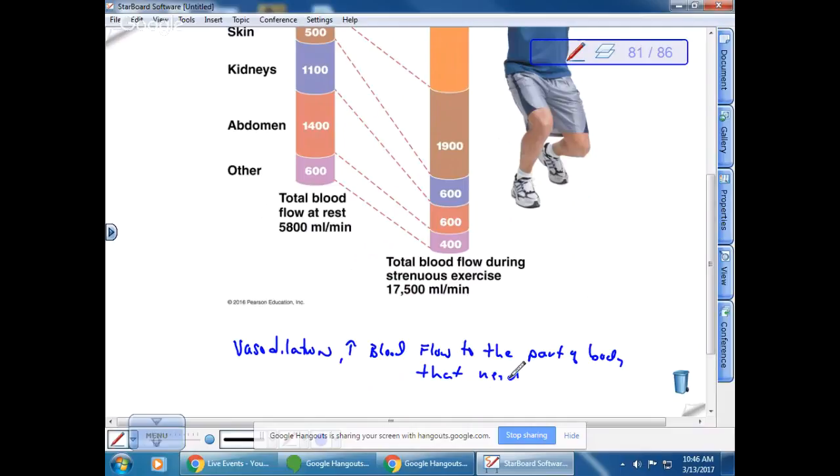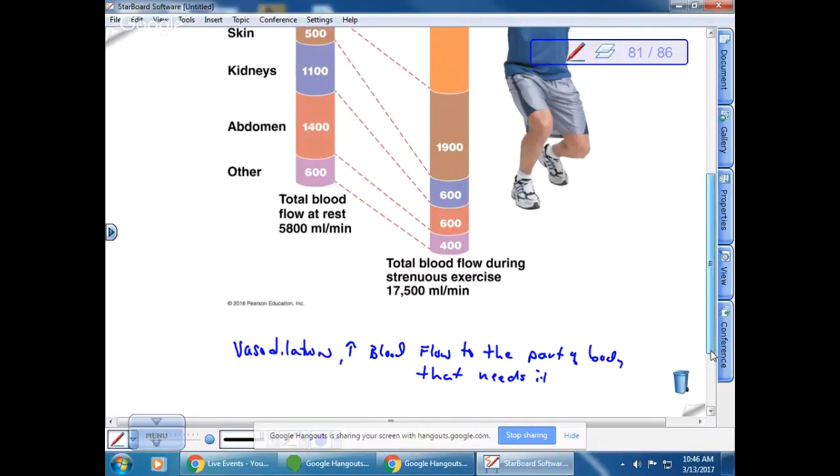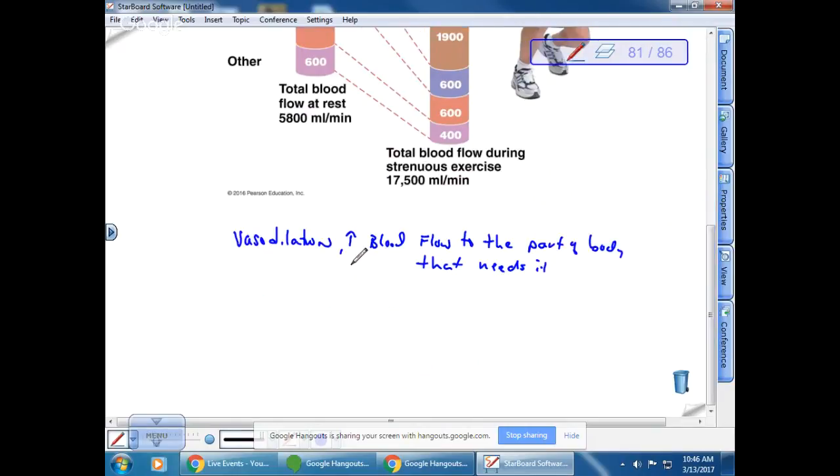And we can have vasodilation in response to oxygen levels. The blood vessels actually respond to low oxygen levels, low O2 levels. If those blood vessels sense that the muscles are using up all of the oxygen, it causes those blood vessels to dilate.